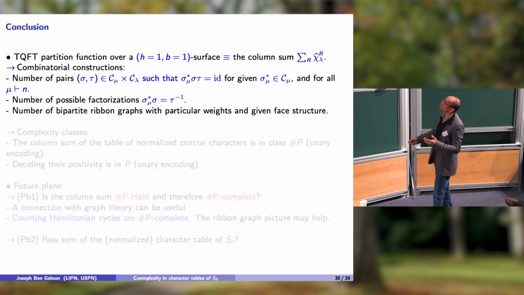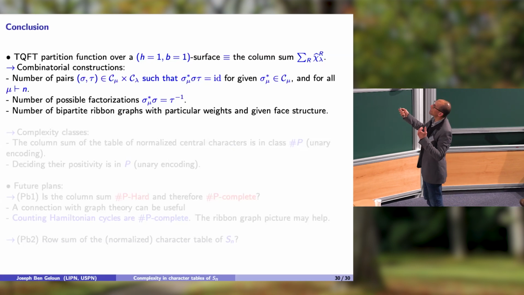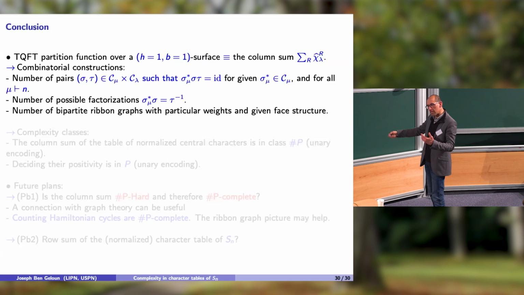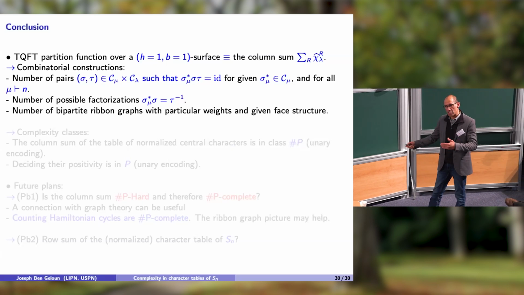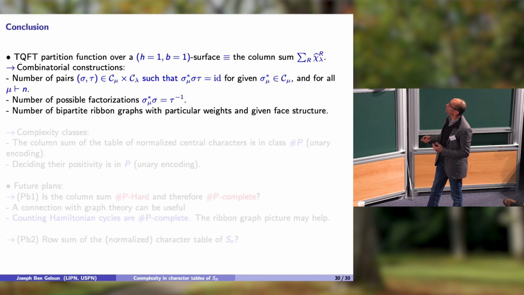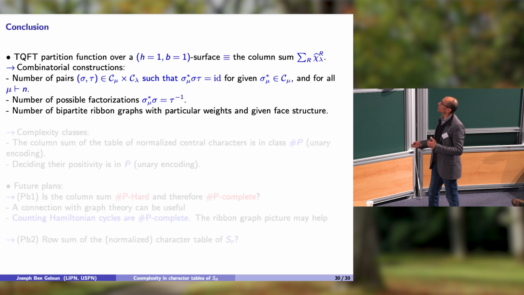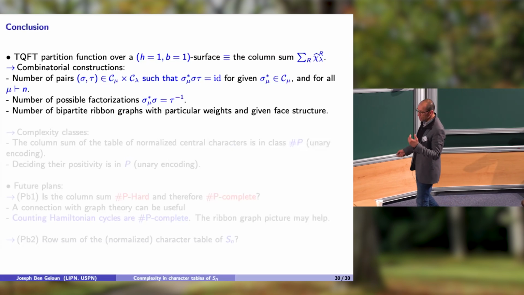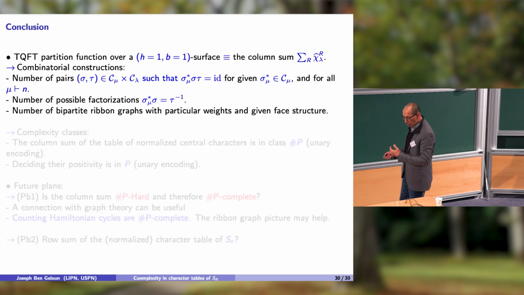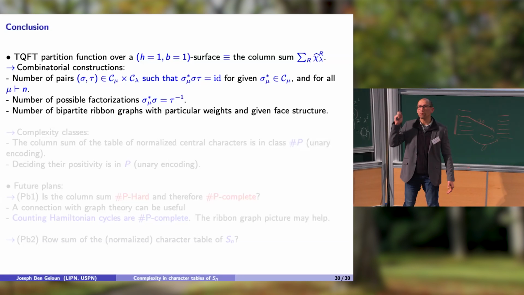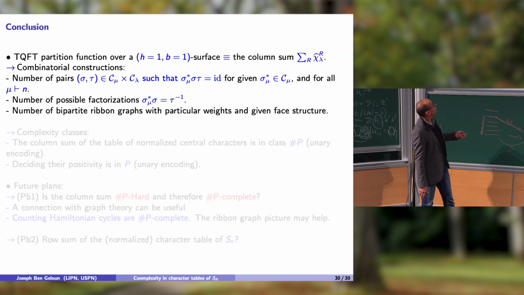We know how to construct the combinatorics around it, which means that we know how to interpret this and construct this combinatorially as pairs of permutations such that they multiply to the identity, and that's that number. It also corresponds to some factorization, and lastly, computing these column sums also computes a certain number of ribbon graphs with some properties.